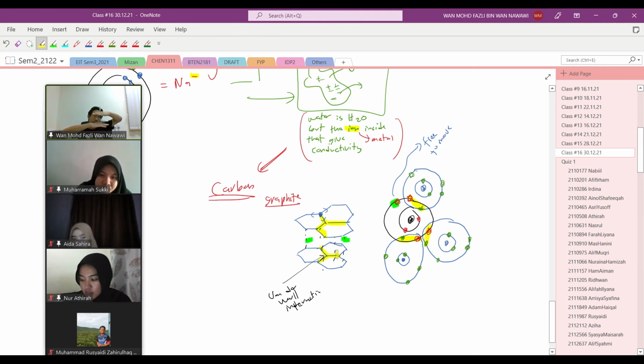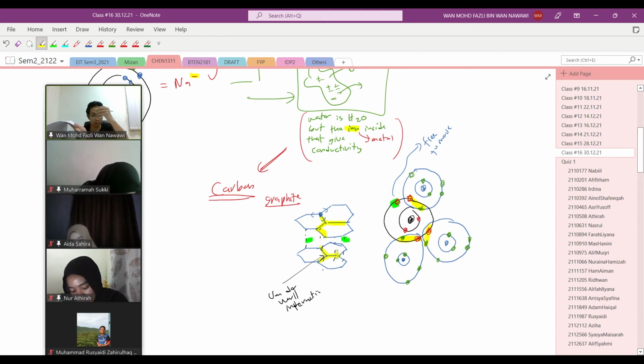But between the sheets, they are not covalently bonded. That's why when you have a pencil, you can write on paper, because the layers slide over each other. The carbon here is graphite. When you write, it's like sliding: the top one slides over the bottom one.